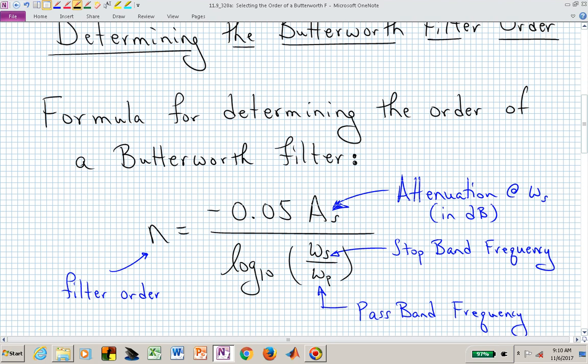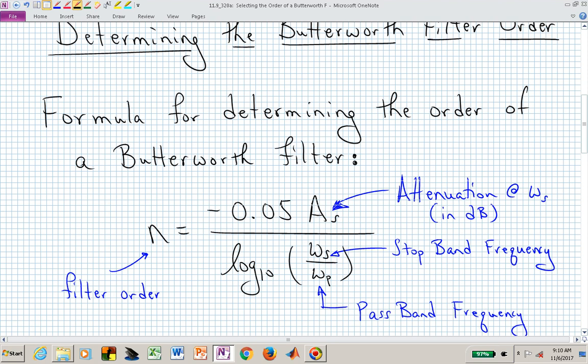It's an approximate way to find the order, but it's very good if A sub s provides the appropriate amount of attenuation. Here's the formula that we want to use to determine the filter order, and I've tried to indicate some of the pieces that make up this particular formula.